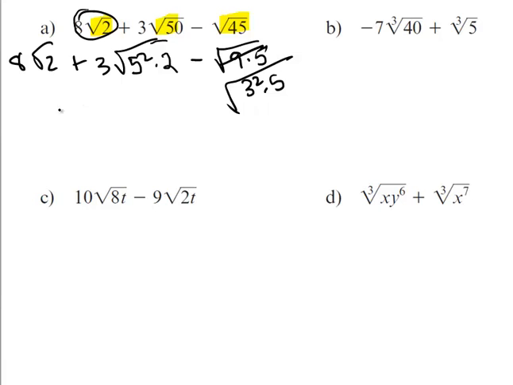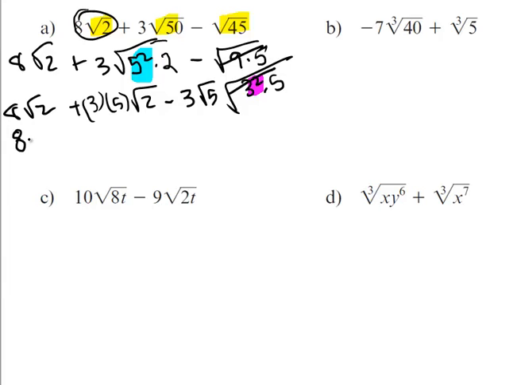So once I have that, again, this first one's going to stay the same, but because this is squared, the 5 can come out. So I'll have 5 times the square root of 2. And here, the 3 can come out, so I'll have 3 times the square root of 5.